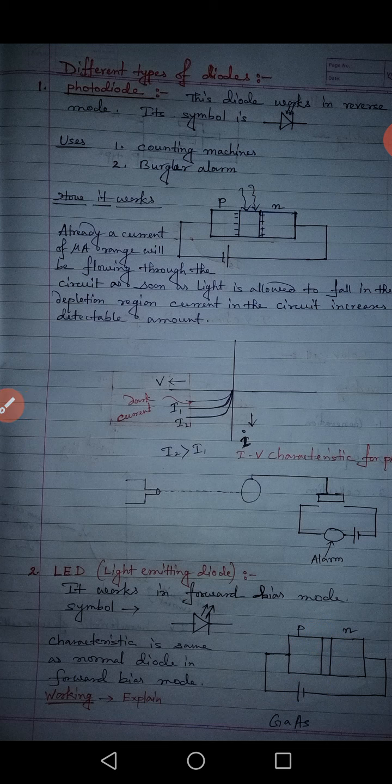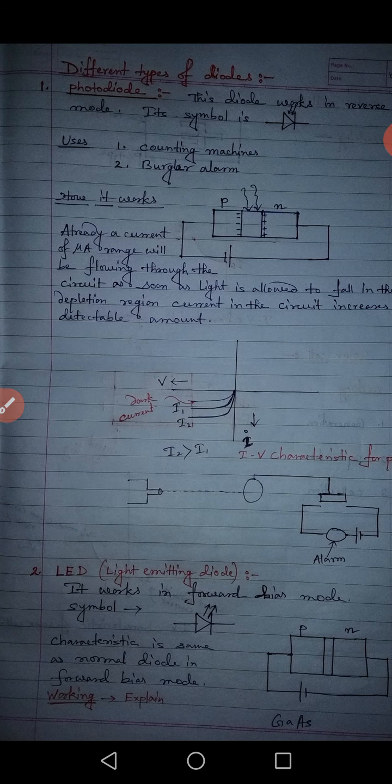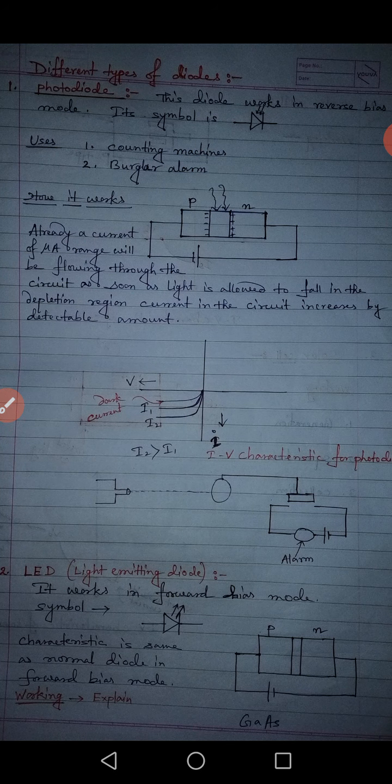Okay, so that is how LED works. Simple theory. And the graph for LED will be the same as the graph of PN junction diode that you have drawn for forward bias, right? The same characteristics will be applicable for LED also.